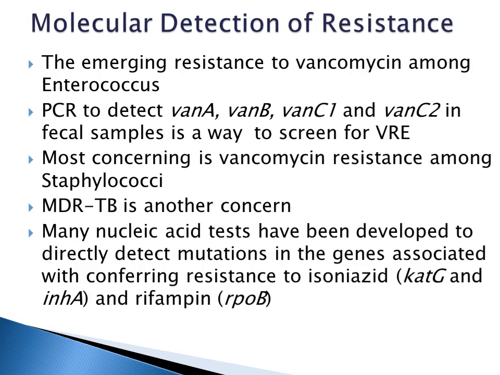In MDR-TB, the most common tests are to look at the katG and inhA genes, which are associated with isoniazid resistance, and the rpoB gene, which is associated with rifampin resistance. Although all Mycobacterium tuberculosis contains these genes, specific mutations within these genes are what lead to being resistant to either isoniazid or rifampin.